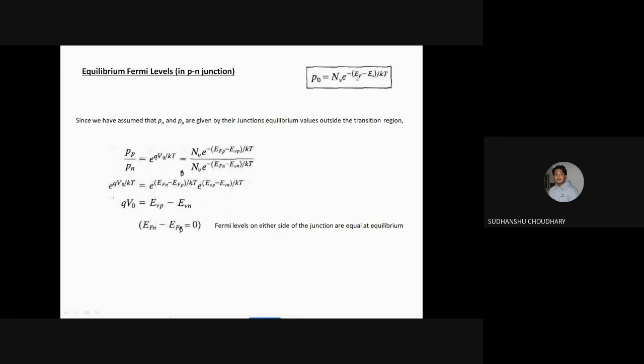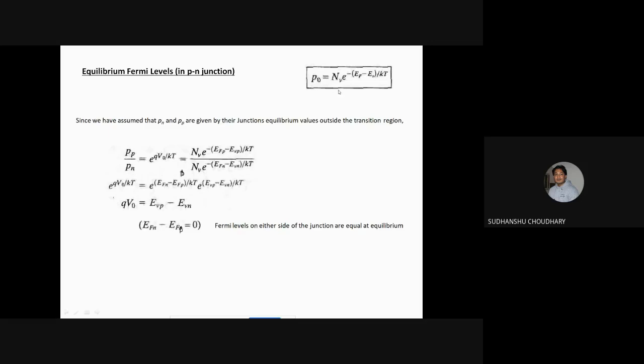The Fermi level was considered as EF, because in equilibrium it is EF only. We'll utilize this for PP and PN, because PP is the equilibrium hole concentration in the p-type region, and PN is the equilibrium hole concentration in the n-type region.